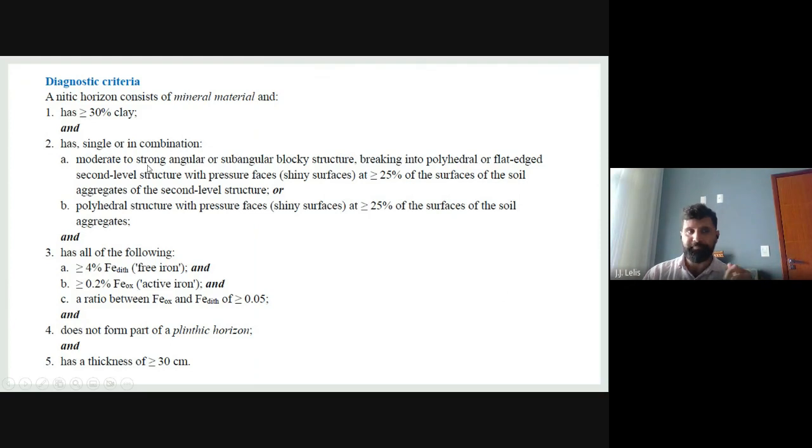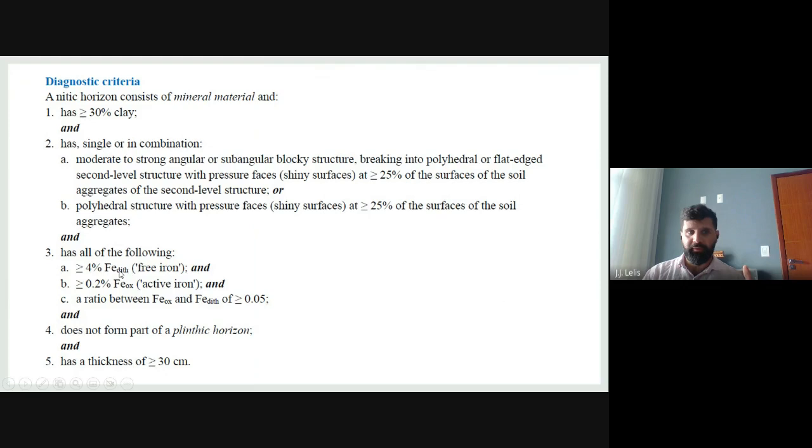Okay. Beyond that, it should present a high content of iron extracted by dithionite and oxalate. These extracts represent free iron and active iron.